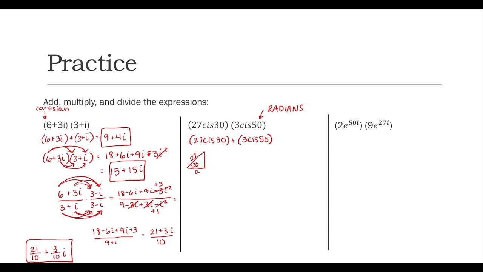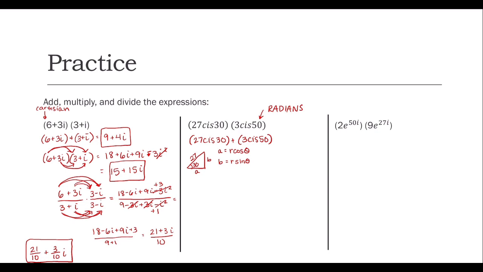So we're trying to find A and B. So our A values are going to be our radius times the cosine of theta, and our B values are going to be our radius times the sine of theta.